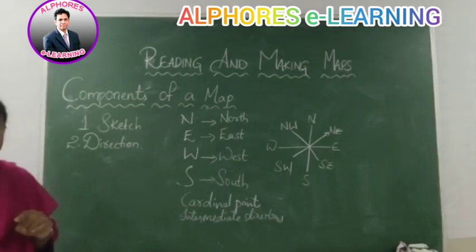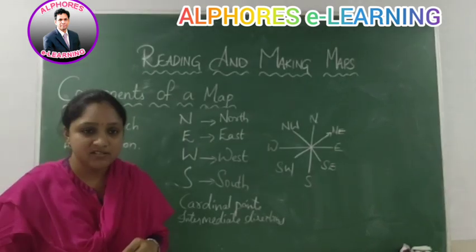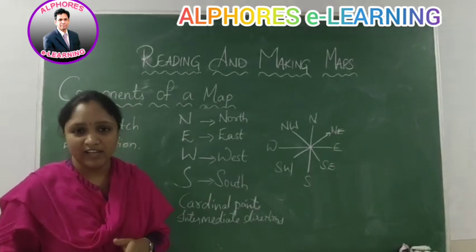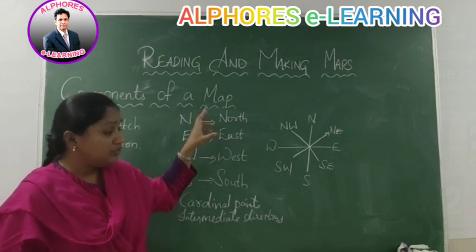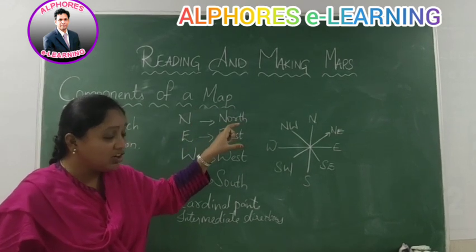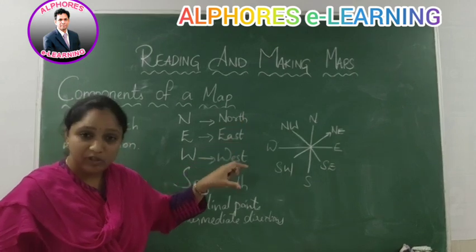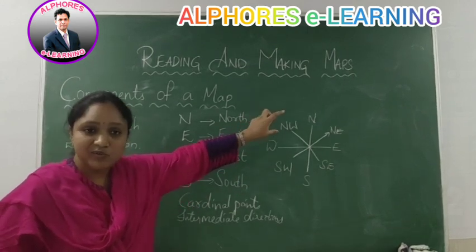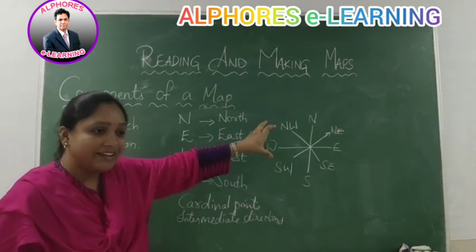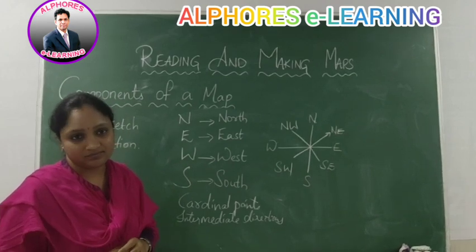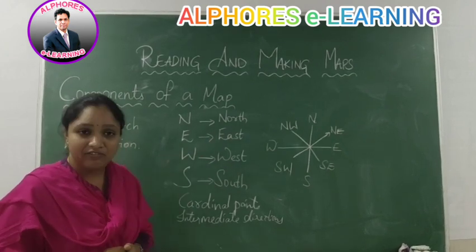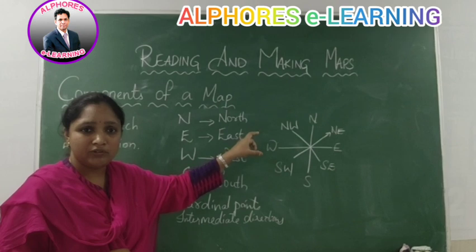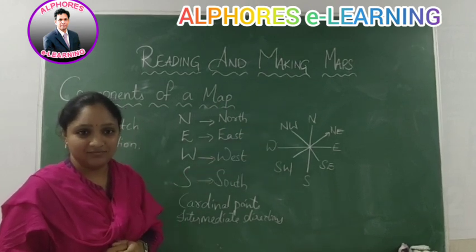So these intermediate directions will also help us to analyze the data very easily. For example, if you want to locate the places in between the north and the east, the places which come under the northeast can be identified easily if you just look towards the northeast direction. Am I right?